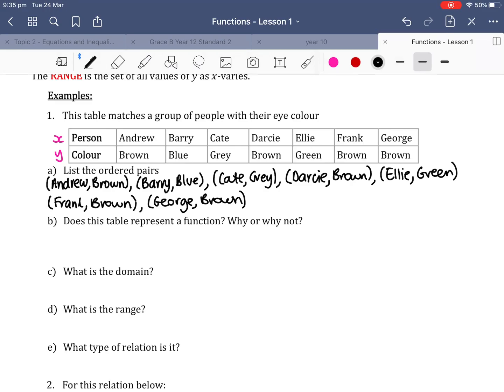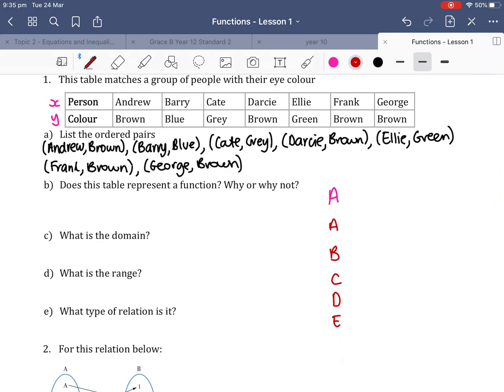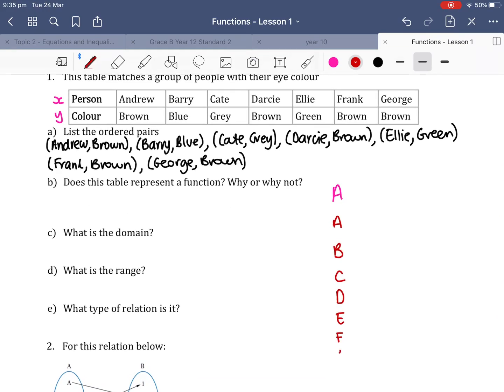Our next question in this example asks, does this table represent a function? Why or why not? So this table does represent a function, since for every person there is a unique eye colour. If we were to draw this out with our A set here, we would have Andrew, Barry, Kate, Darcy, Ellie, Frank and George in our A set.